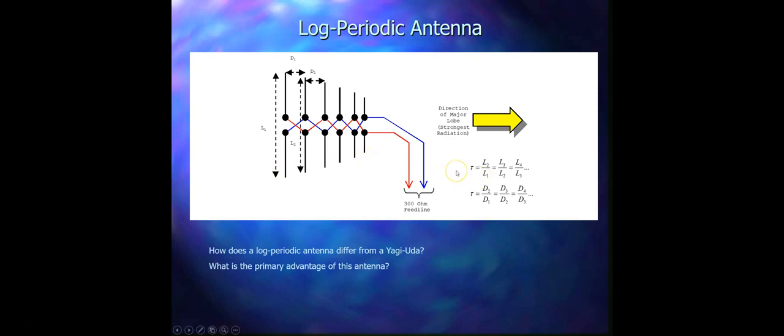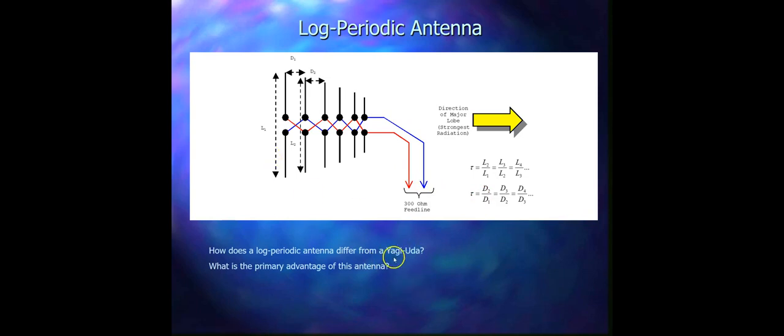This ratio is between two adjacent elements, L2 and L1, and this ratio is similar to the above one, and it shows the spacing between the elements D2 and D1, which you can see here. D2 is the spacing between these two elements, and D1 is the spacing between these two elements. So these are the two ratios which can be obtained in this type of antenna.